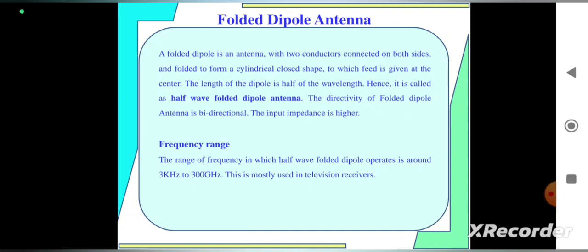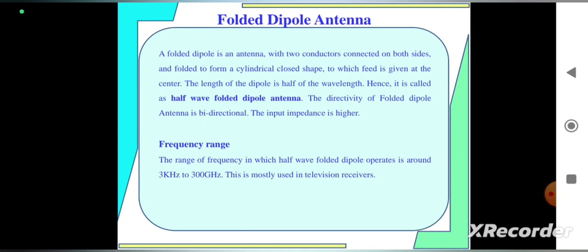Next, from this, we are going to see the folded dipole antenna. A folded dipole antenna is an antenna with two conductors connected on both sides and folded to form a cylindrical closed shape.